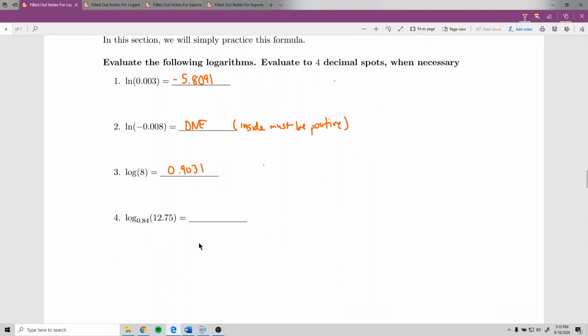All right, so the last one is one that we have a base that's not 10 or e. And for this, either you know where the different base button is on your calculator, which some of you will not have anyway. So we got to use the change of base.